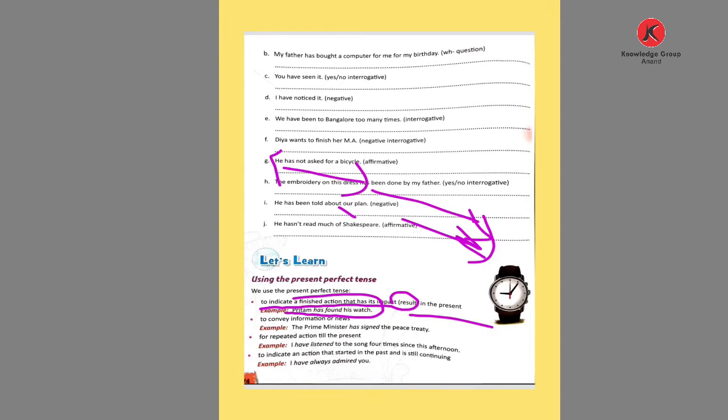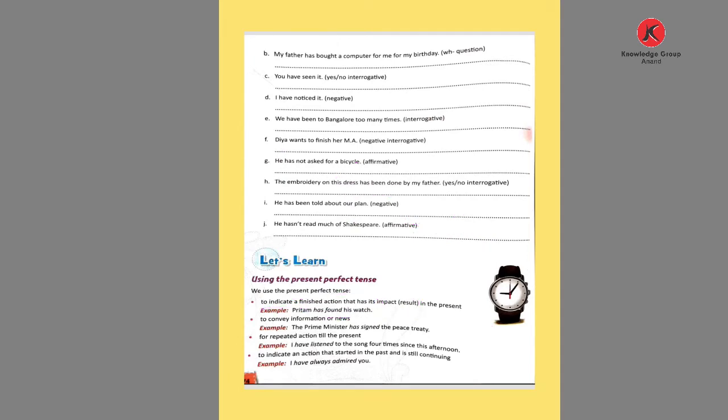Then, to convey information or news. To convey what? Information or news. Just as in the example, the Prime Minister has signed the peace treaty. The information is given in the present perfect tense.